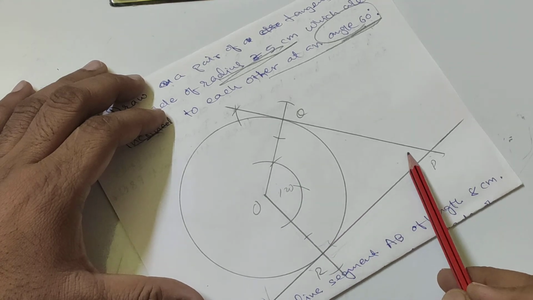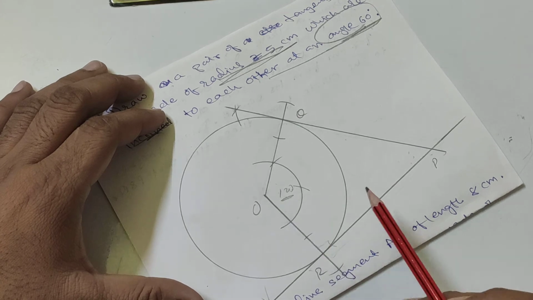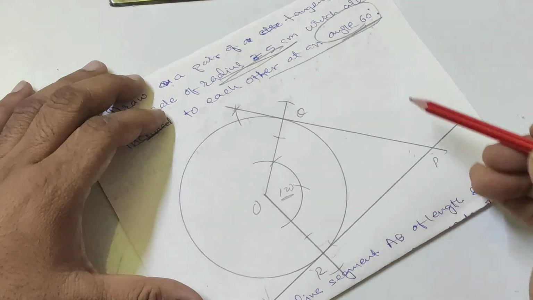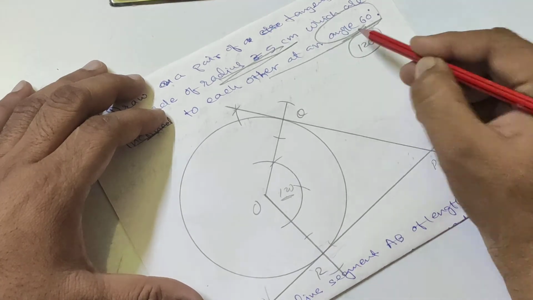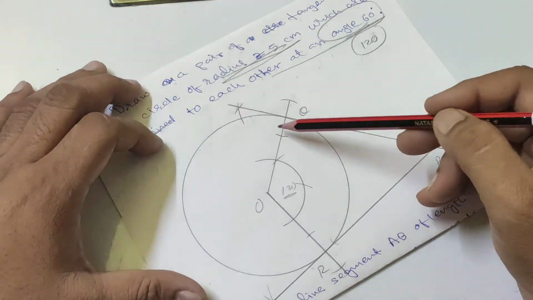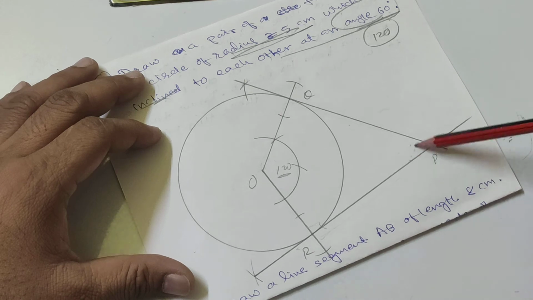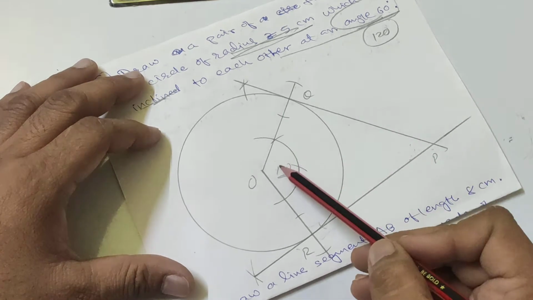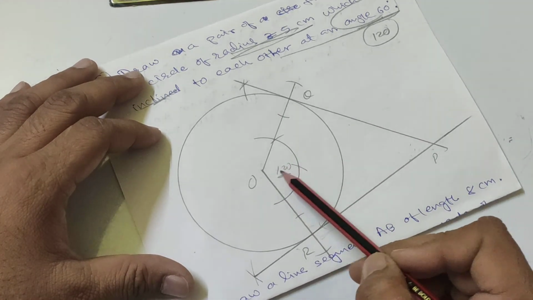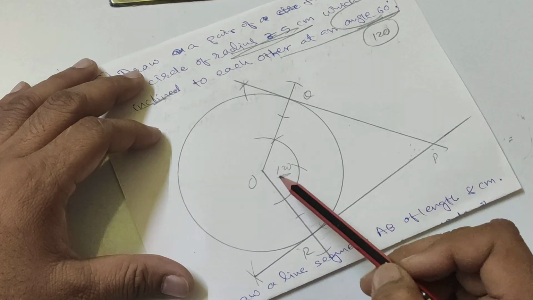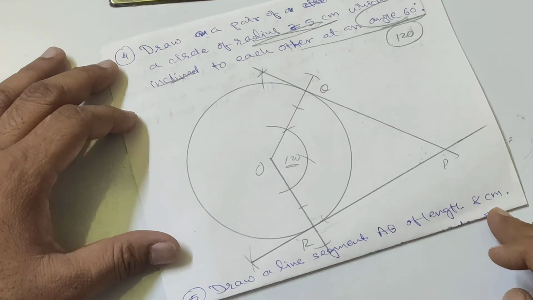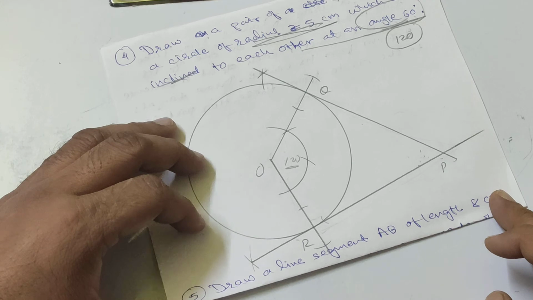So if 60 degree is asked, you have to take 120 degree right here. If it is asked with some twist, that draw two tangents making 120 degree between them, then you will have to take this angle to be 60 degree only. The angle between two radii should be 60 degree. So this is construction number 4.